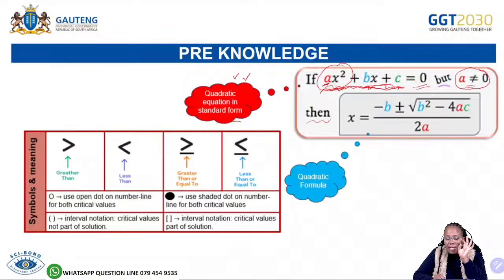This is the standard form we are talking about. After arranging in standard form, ensure that your right hand side is equal to 0. It is only then that you can use your quadratic formula.